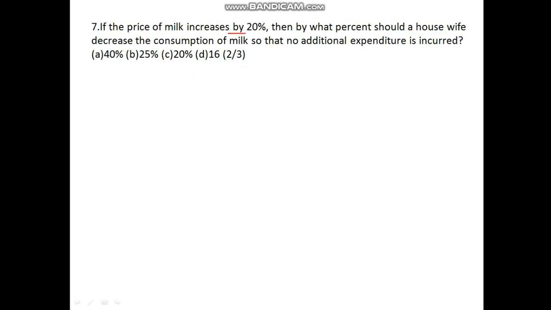Next, if the price of milk increases by 20%, then by what percent should a housewife decrease the consumption of milk so that no additional expenditure is incurred? Means 100 is the cost price and it increases by 20%, and the cost price becomes 120.